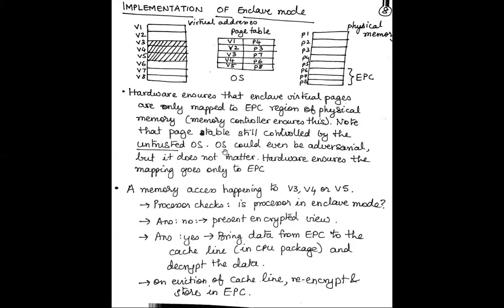Okay, so the operating system could even be adversarial, but it does not matter because it is the hardware that is performing the check and ensuring that the virtual addresses that are coming from the enclave only go to the encrypted page cache, nowhere else. They cannot go to the rest of memory. So that is how you ensure that the enclave is protected, by always ensuring that the corresponding memory that backs it is always encrypted.